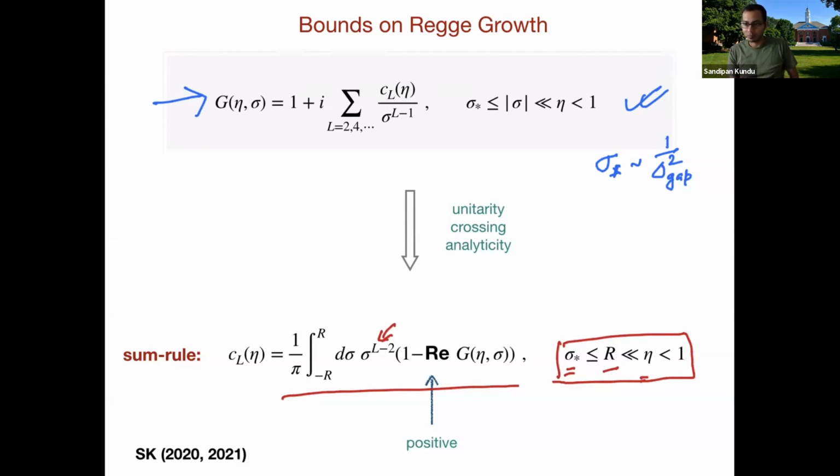Right. So Sandipan, even in your explicit example of the contact terms, where you have a low energy effective field theory available, you cannot compute this G explicitly, right? Because this particular cutoff will be seen only if you input that the EFT is valid up to scale M, right? Exactly.